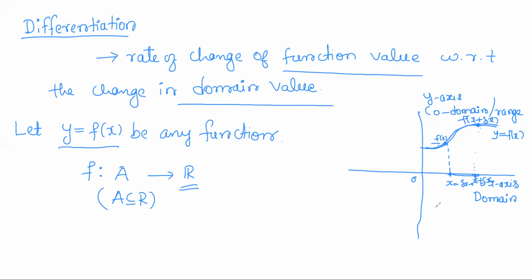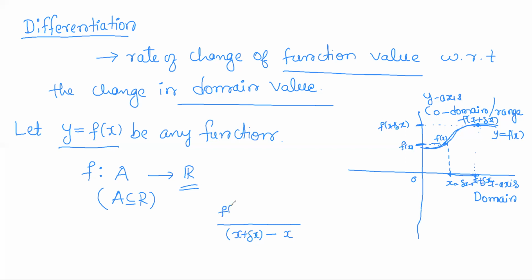Now, what is the change I have given to the domain value? Initially it was x, now it is x plus delta x. So the difference of these two will give you the change which I have given, which is nothing but delta x. So with respect to this change, what is the change we can observe in the function value? Initially it was f of x, and now the later value is f of x plus delta x.